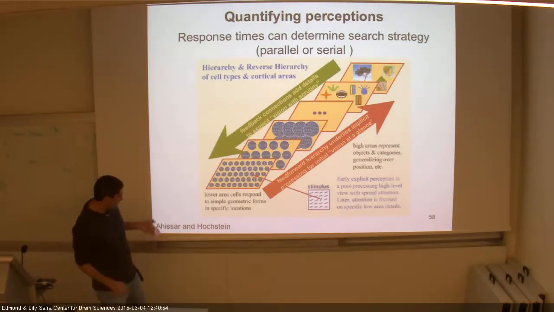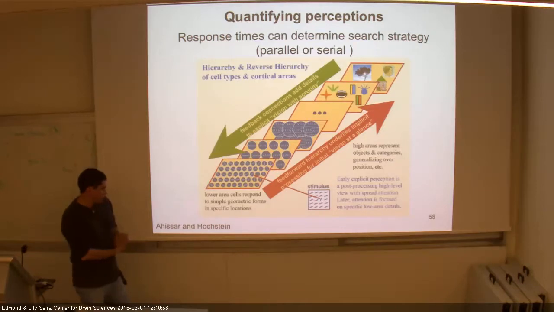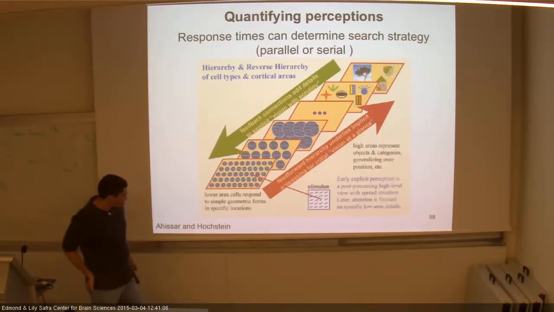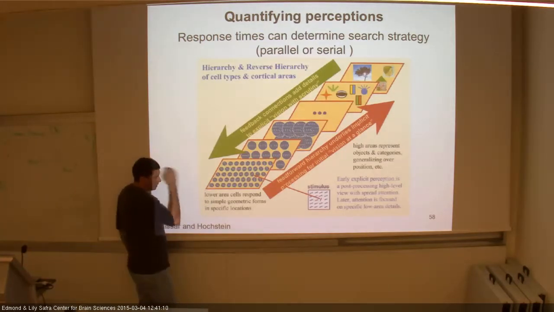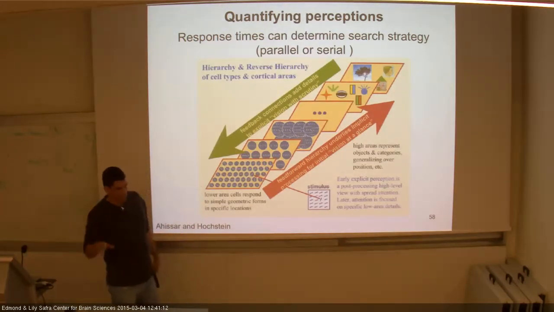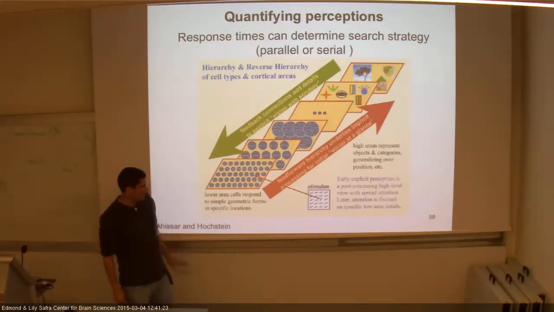And this actually led to a hypothesis. One of the most important ones came from the Hebrew University, the PhD work of Merav Ahissar and Shaul Hochstein, where if you look at the visual system, you see that early on, and we will talk about that in more detail, after the retina, LGN, visual cortex, you find neurons that are responsive to these types of stimuli, the orientation of the lines, for example.